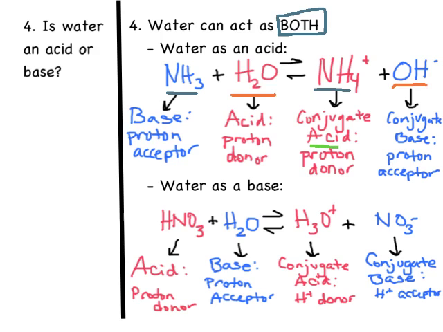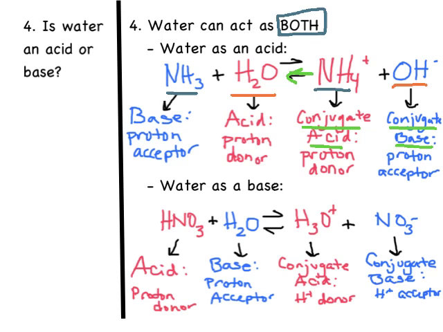Now on the other side, we can see this different kind of wording here. It's also an acid and a base, but it has this word conjugate in front of it. This is if we are looking at the reverse direction. So the conjugate looks at the reverse direction of this reversible equation. If we look at it backwards, NH4 is going to turn into NH3, so it gives away its proton, so it's a proton donor.